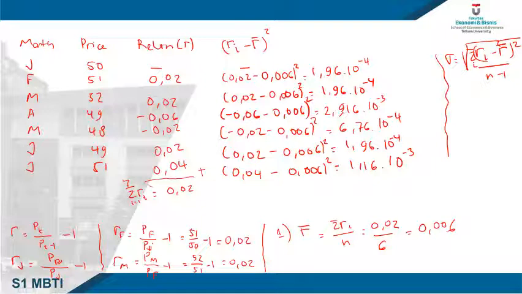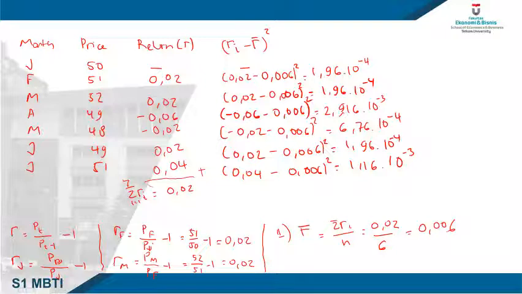I will erase the right side here so I have more space for writing. Now you see this is 10 to the minus 4, 10 to the minus 4, here minus 3, and here also minus 3.